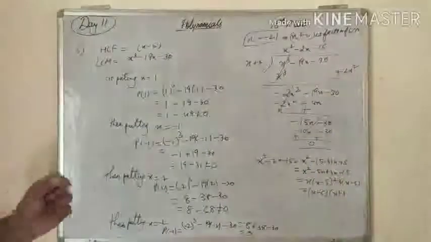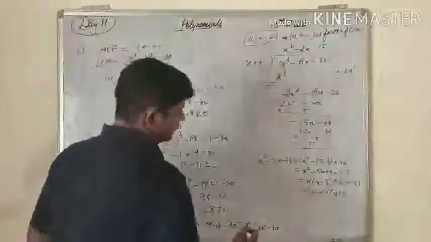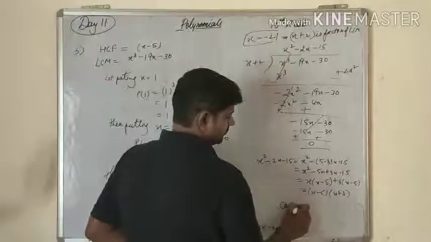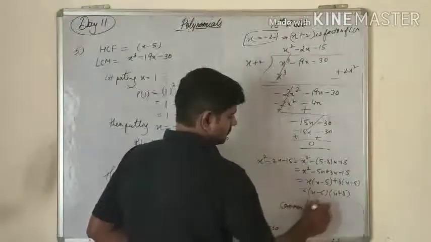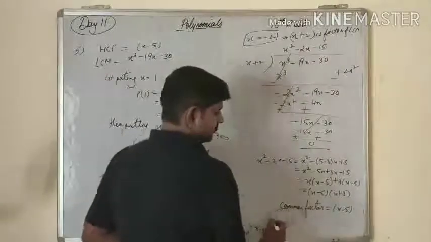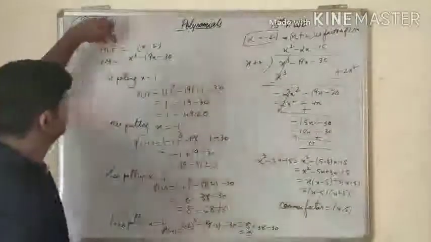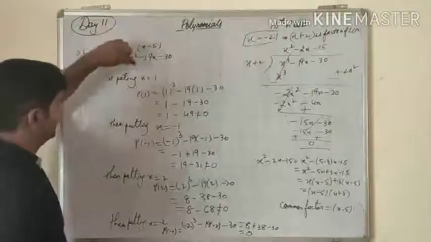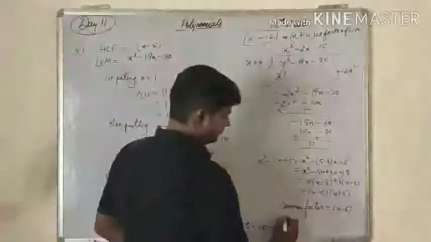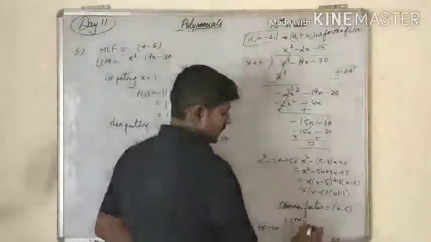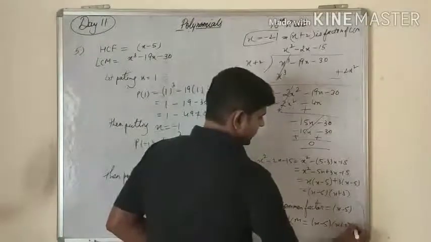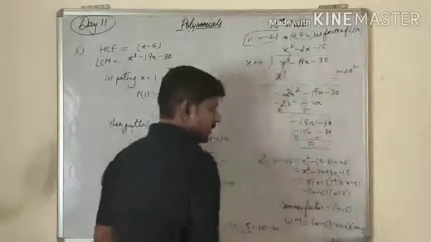Now we will find out the common factor, which is x minus 5. Yes, because in HCF it is x minus 5 and LCM has it also. So our LCM is x minus 5, x plus 3 and x plus 2. Three factors are there.